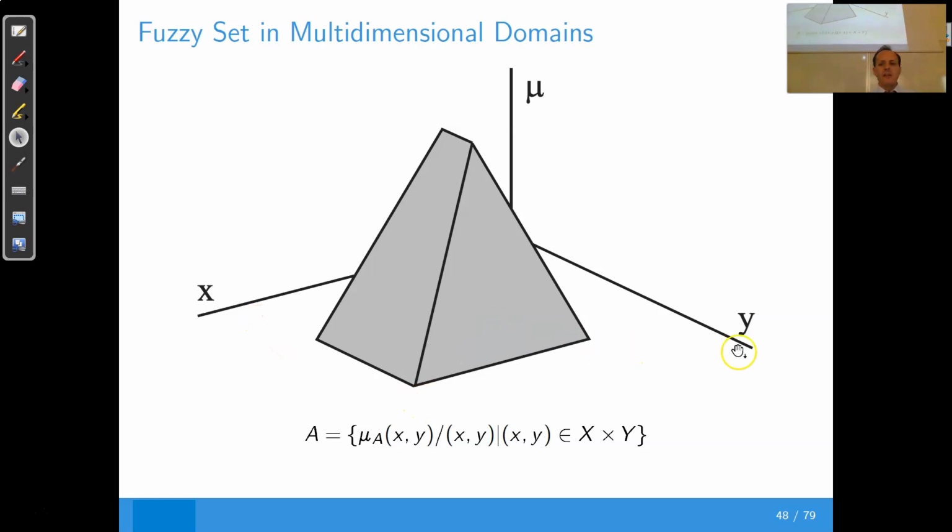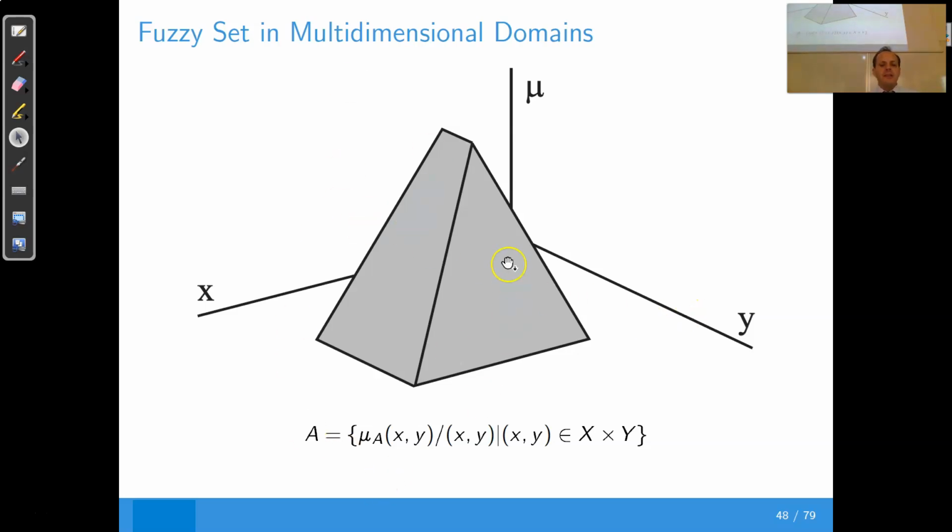As in this case, you see here the membership function. In the simplest case, you can easily notice that if you want to represent it in a 3-dimensional space, you need to consider at maximum 2 dimensions as an input domain.